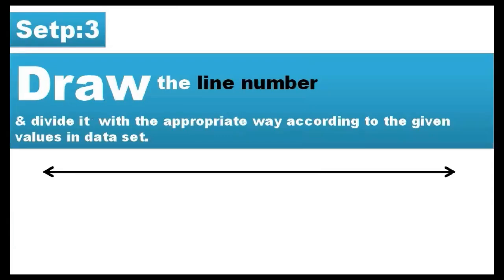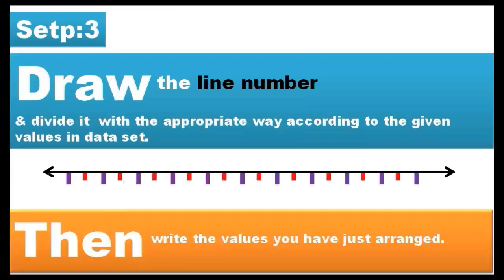For example, here, you are going to divide it in 1, 2, again here, 1, 2, 3, 4, okay? Then write the values you have just arranged. For example here, 50, here is 50 and a half.